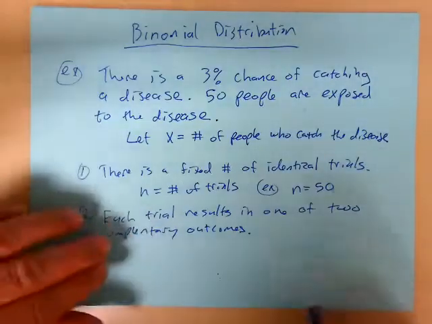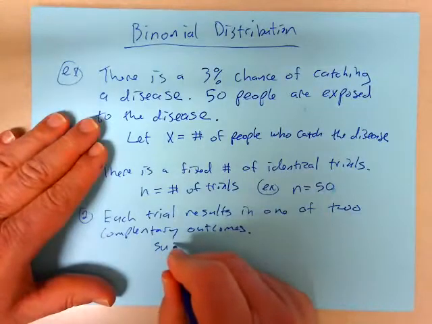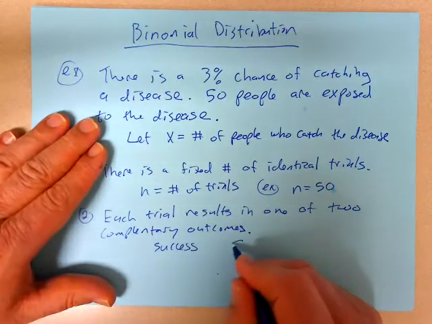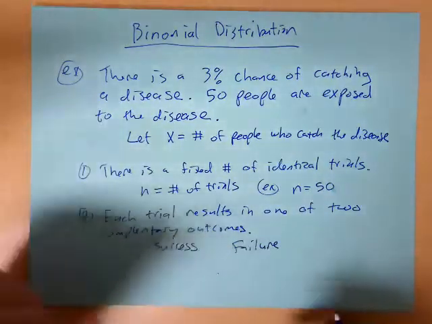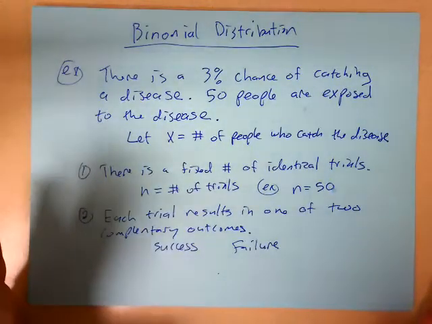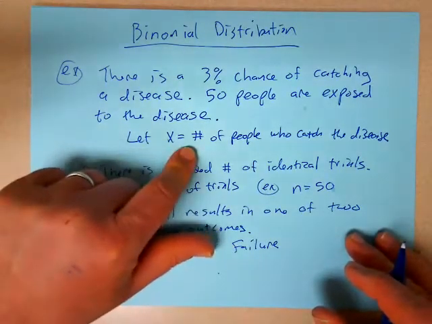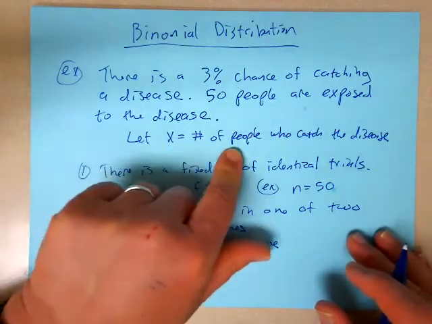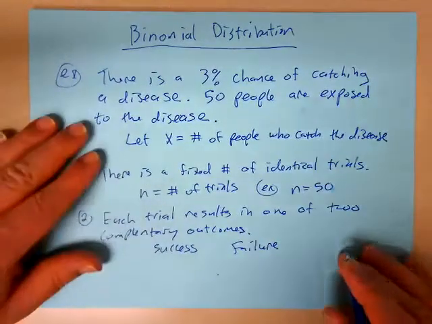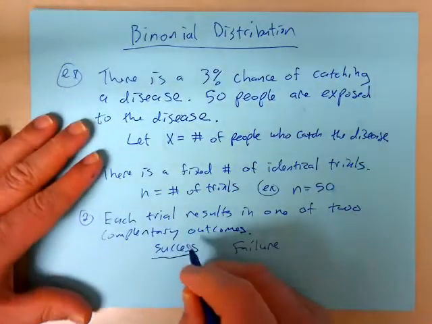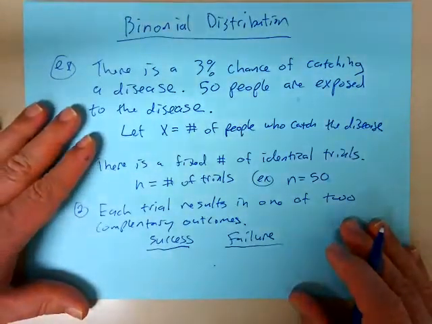Now what we're going to do is call one of those events a success, and the other event will be a failure. But the success isn't necessarily the positive of the two outcomes. The success here is what you're counting. So in this case, I'm counting the number of people who catch the disease, so the success would be catching the disease, and the failure would be not catching the disease.